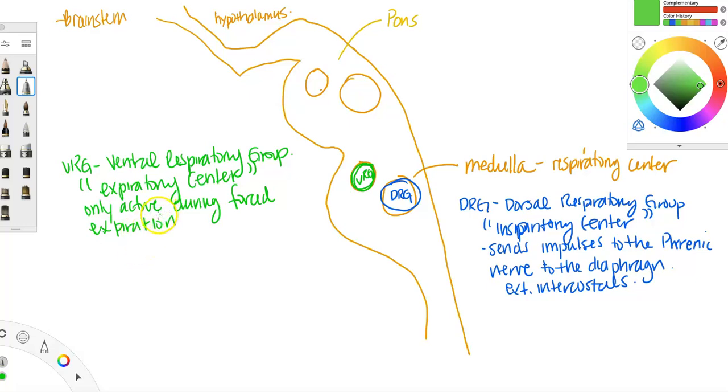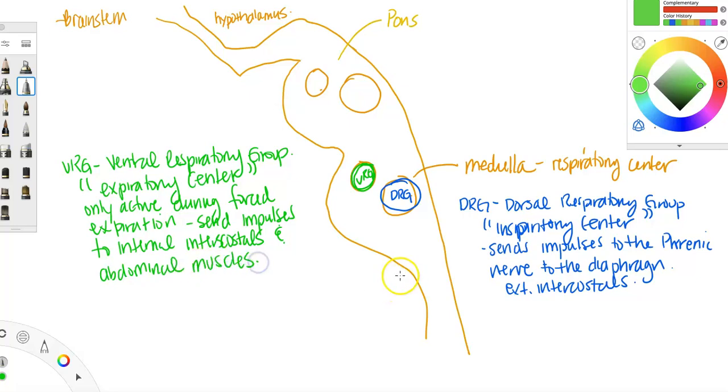So it will send impulses to internal intercostals and abdominal muscles. And that allows you to forcefully blow out air from your lungs.